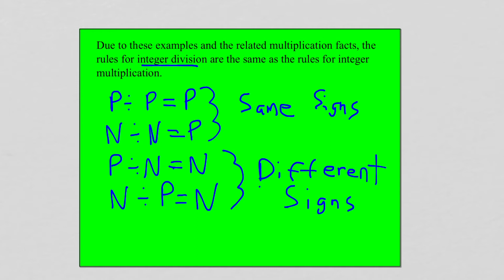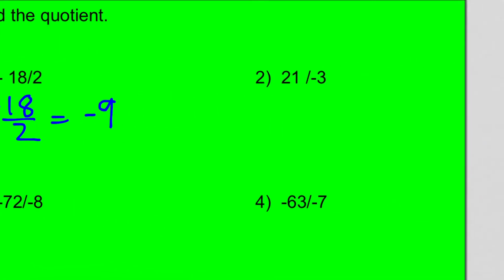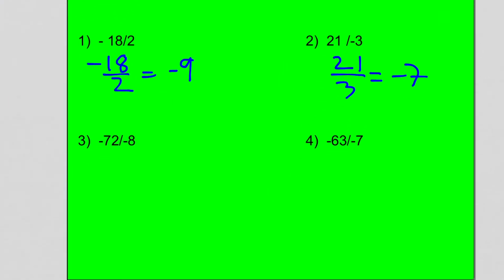So, of course, the simplest application is just doing some actual fact questions, right? Finding the quotient. So, negative 18 divided by 2 would be negative 9 because it's a negative divided by a positive. And 21 divided by negative 3 would be negative 7 because it's a positive divided by a negative.